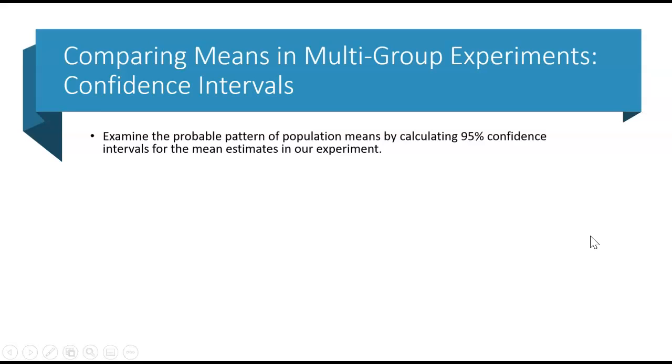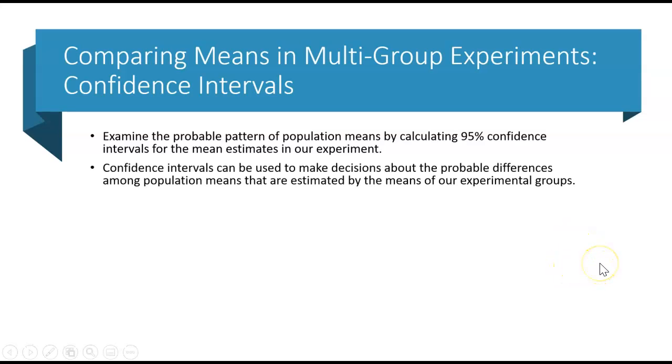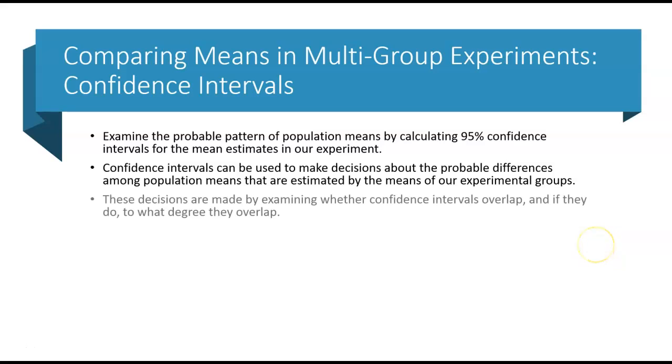What is the likely range of scores that would include the population parameter from which this sample was drawn? What we can use confidence intervals for is to help us think about probable differences among population means that our sample means are supposed to be representing.